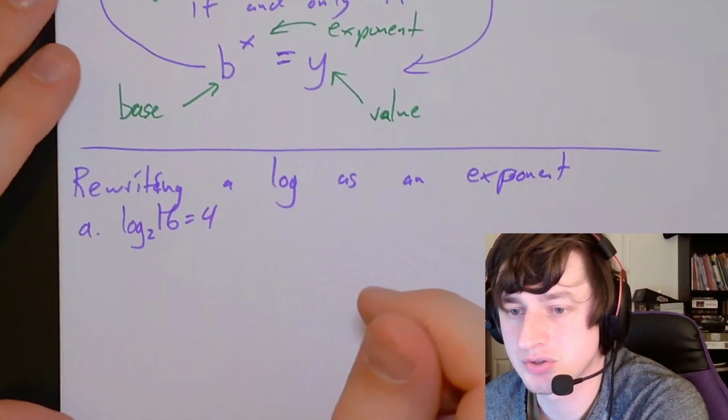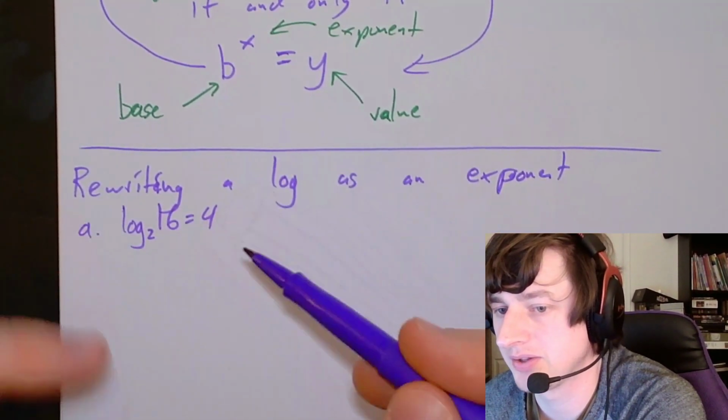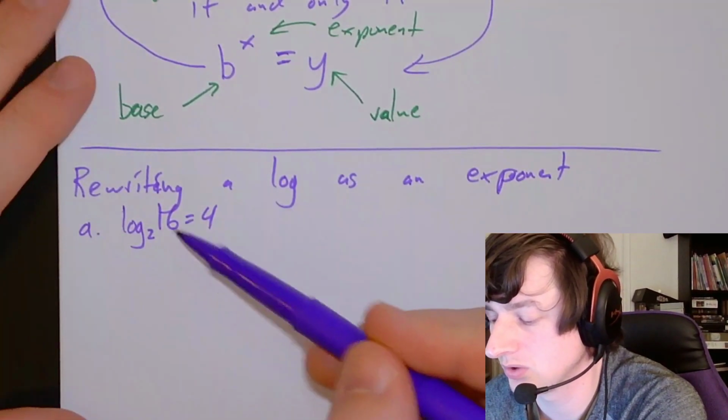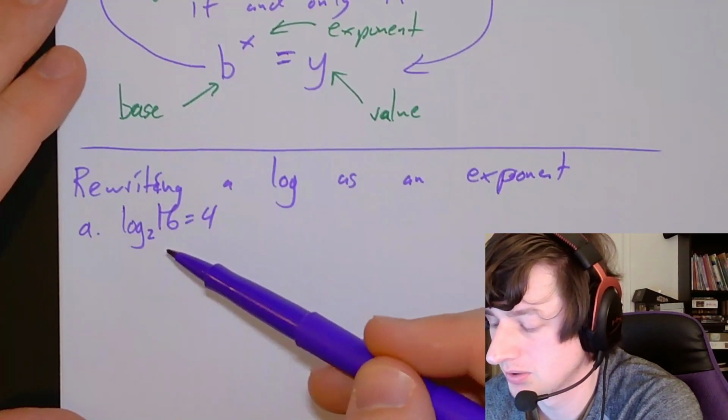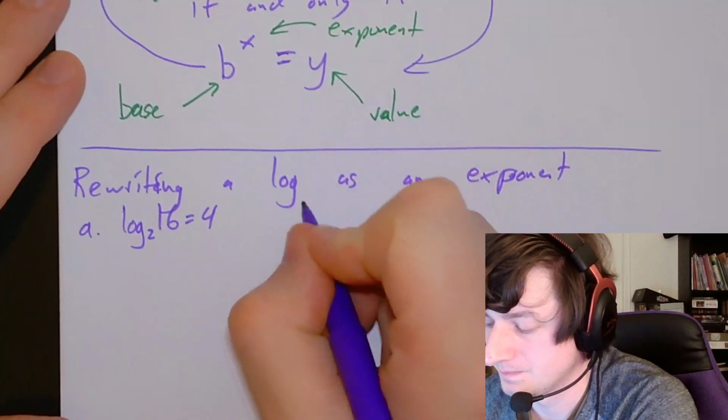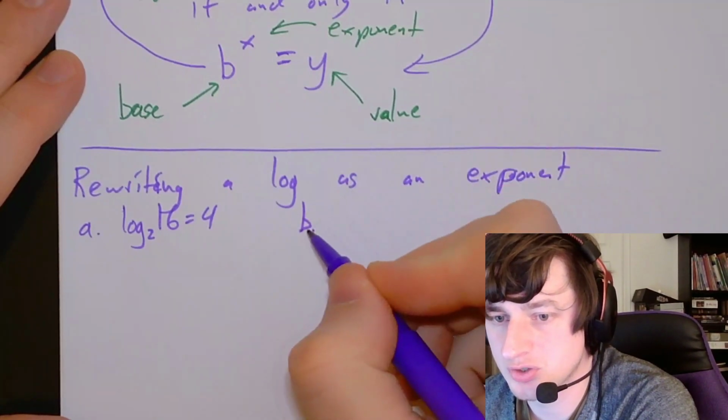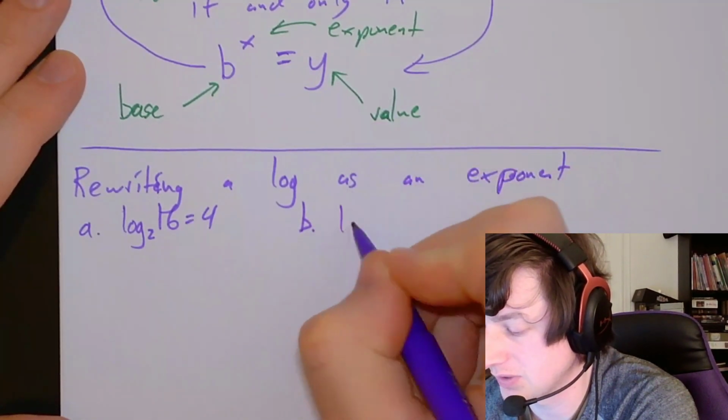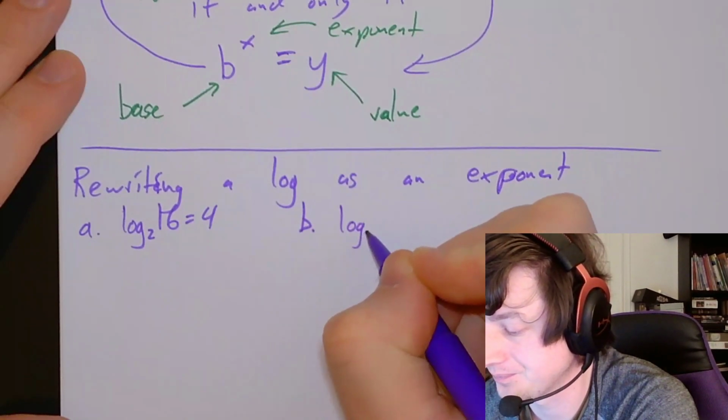So all the values are here already. We're just going to rewrite it in exponential form. So it will contain all the numbers again at the end. So there's no solving here. We're not trying to find a variable. We have all the numbers already.